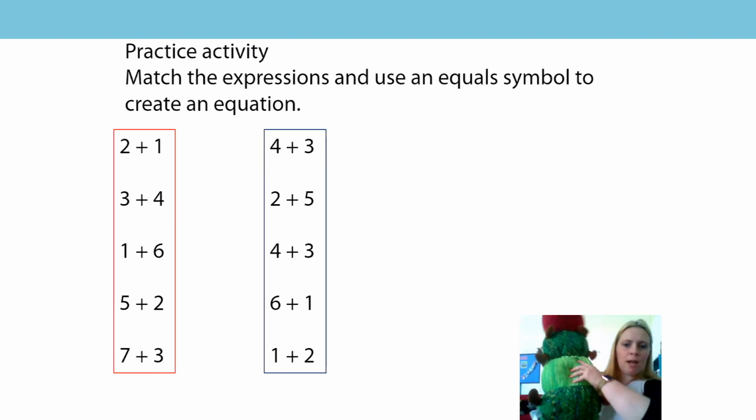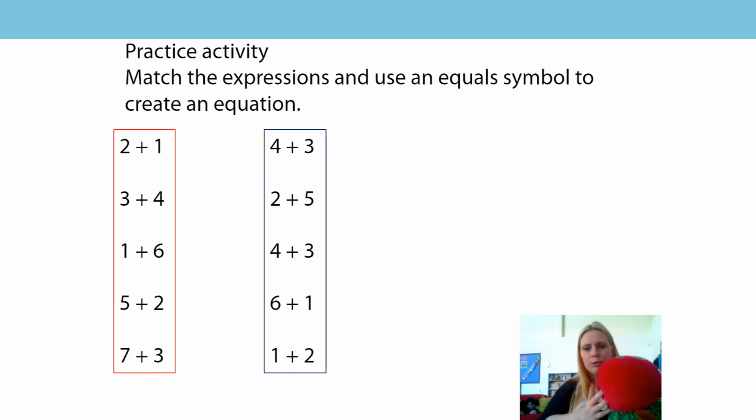Oh, my very hungry caterpillar has been getting closer and closer all through this lesson. And now he's here to see your practice activity, the thing I'm going to leave you with, ready for your next lesson. So, your job is to match the expressions and use an equal symbol to create an equation.